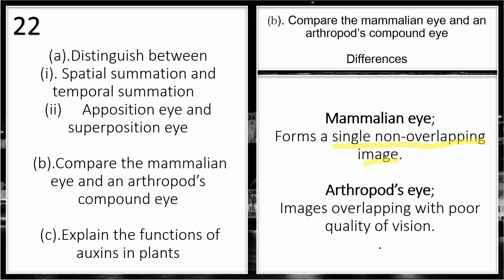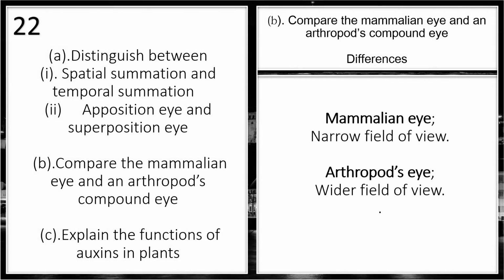Arthropod eye images overlap, with poor quality of vision. Mammalian eye has a narrow field of view. The arthropod eye has a wider field of view.